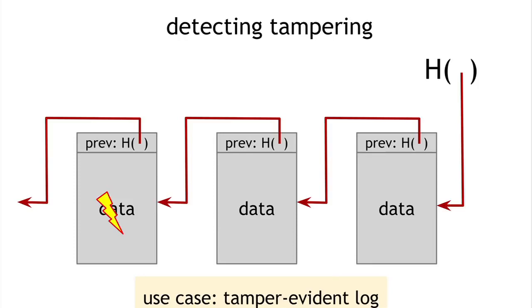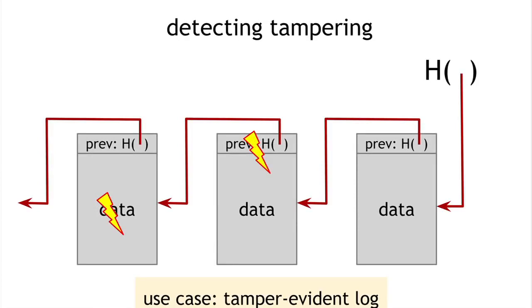Because the hash function is collision-free, it must be the case that the hash of this block is now different. And so we could detect the inconsistency between this data and the hash pointer that we remembered before, unless the adversary also tampers with the hash pointer. If he tampers with this hash pointer, then he makes these two match up.